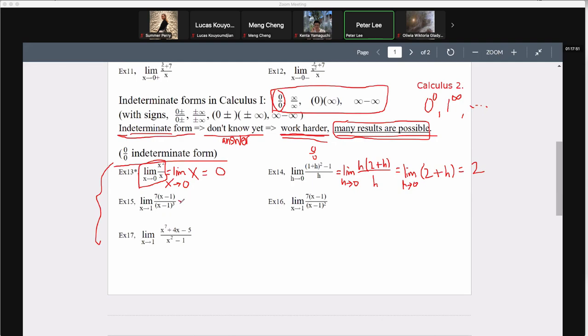So now let's look at example 15. What is this guy? Example 15, limit as x goes to 1. And then 1, what is this? This is going to be now 0. So now 7 over x minus 1 squared. What is that? This is going to be 7 over 0, as x goes to 1 plus or minus, but there's a square here.